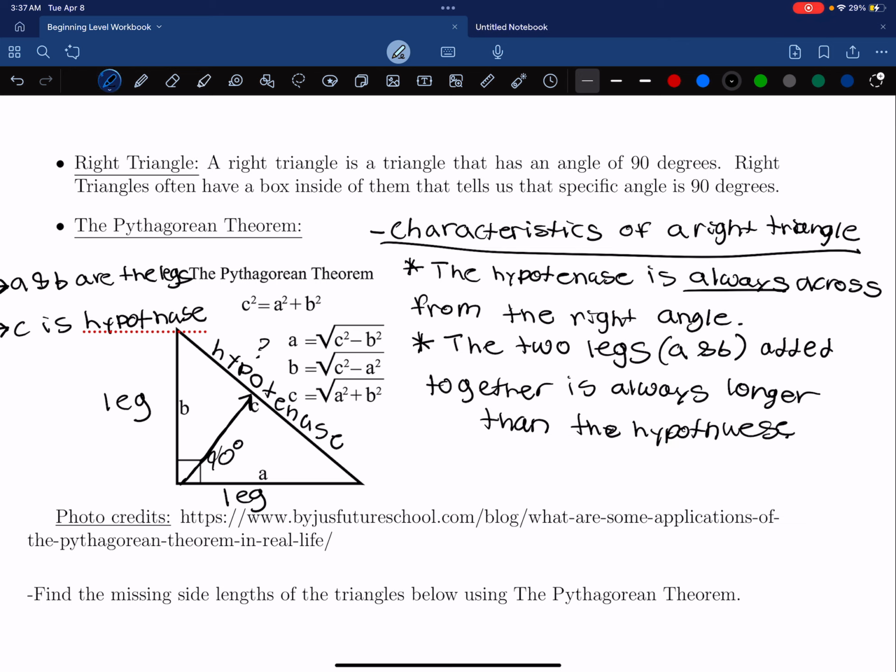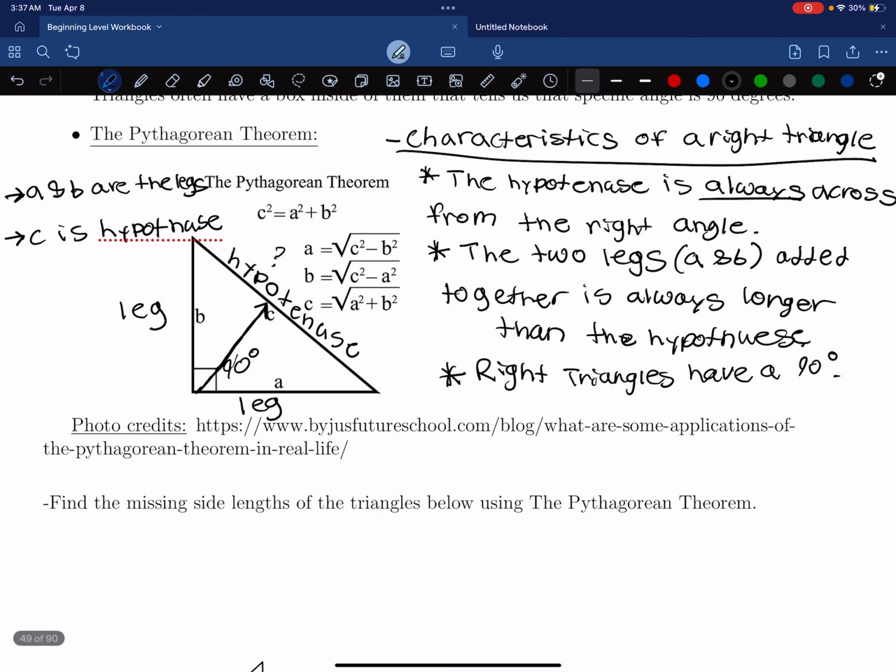And then the most important thing that I didn't mention is that right triangles, I mean, I already set it up here in the definition, but right triangles have a 90-degree angle. Okay.